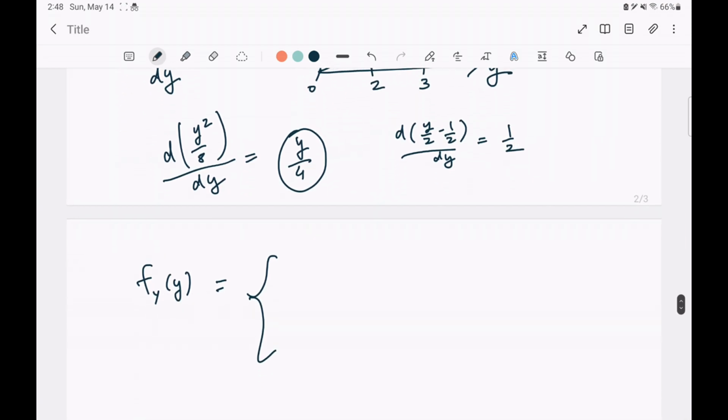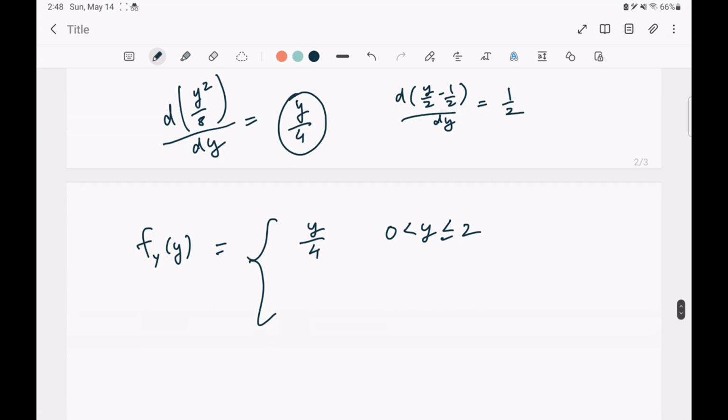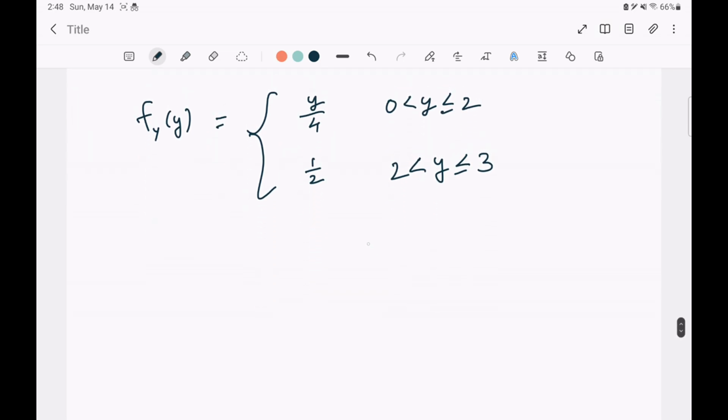It goes from this value y by 4, where y lies between 0 and 2, and it stays constant at half, where y lies between 2 and 3. So you can say that it looks like this.